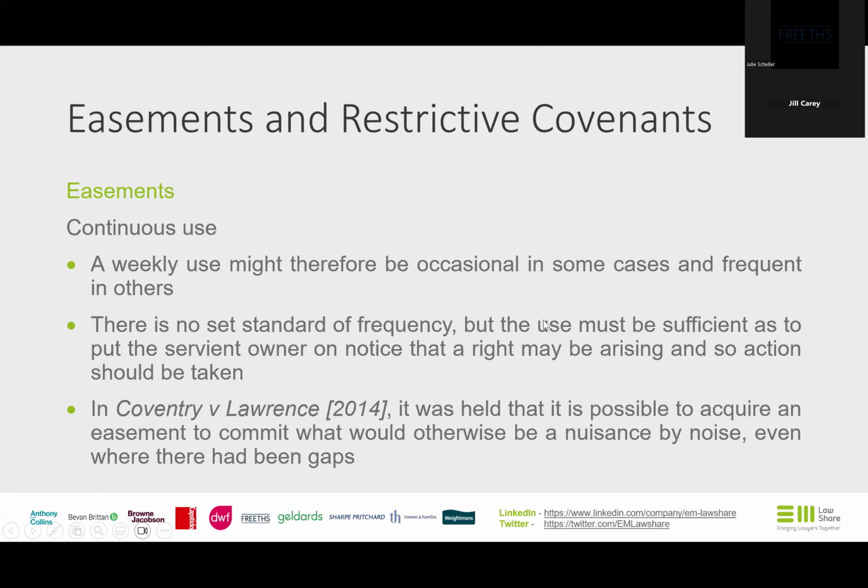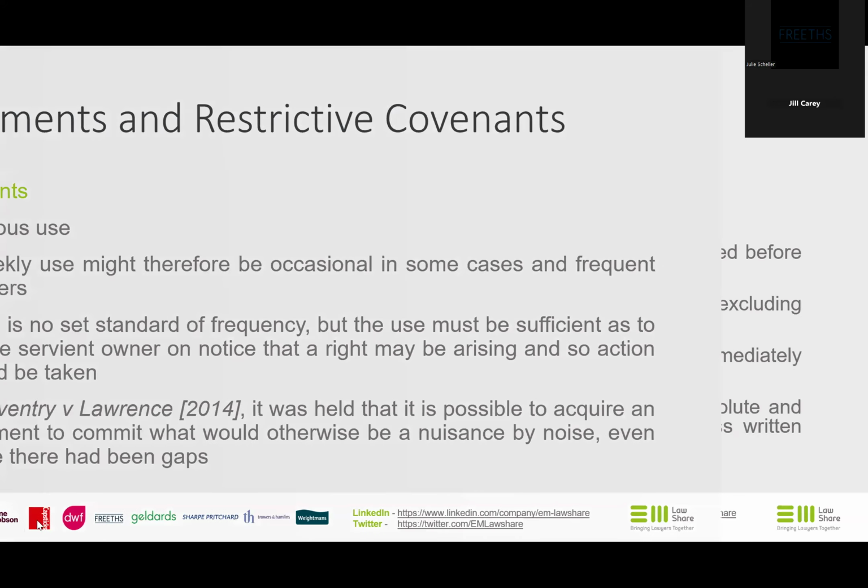What would otherwise have been a nuisance became permitted by an easement. It's a significant case for many reasons, but the fact that you can have easements to do other things is just worth underlining.